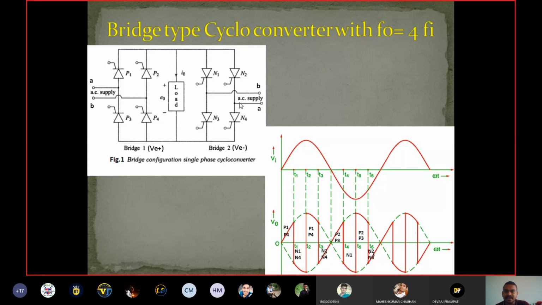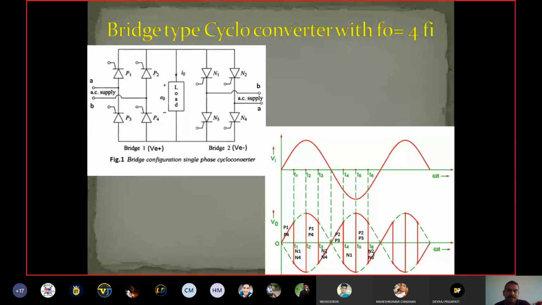Current is flowing in the path A to N4, N4 to D, D to load, load to C, C to N1, and N1 to B, that is negative. So current is flowing from D to C. This is negative, so we are getting the negative output. So from T3 to the end of the positive half cycle, we are getting the negative output, and the thyristors that remain on are N1 and N4.